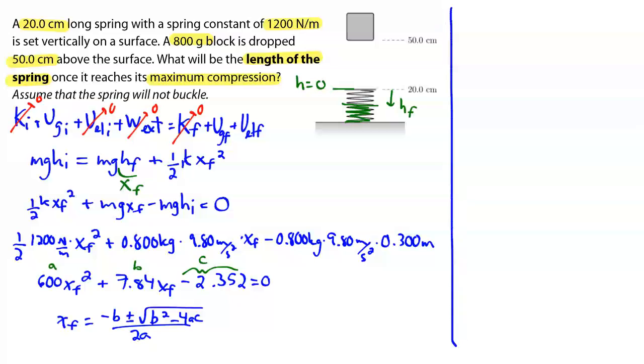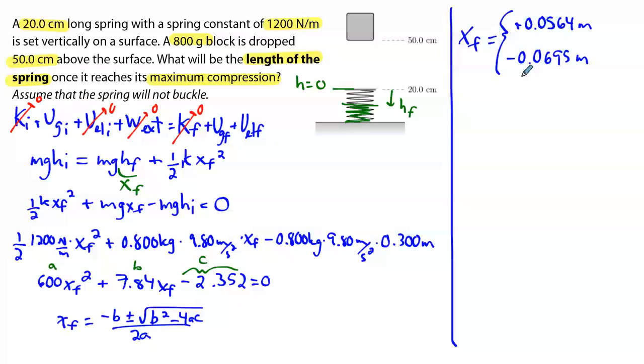I know you can do this. The two roots that we will find for the value of x final are either plus 0.0564 meters, or minus 0.0695 meters. So we have to decide between the positive root and the negative root.